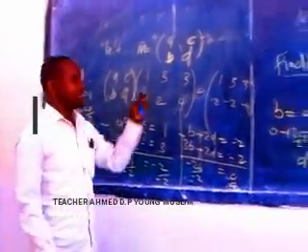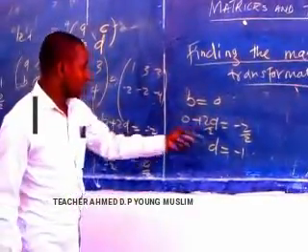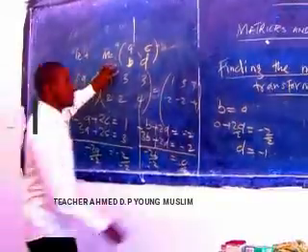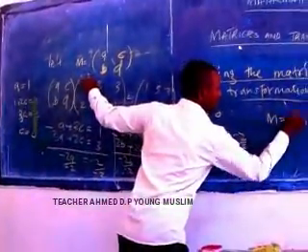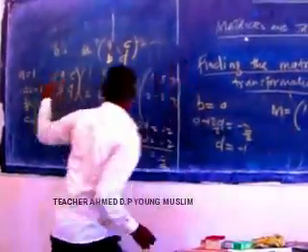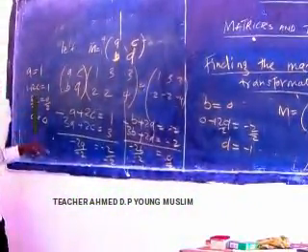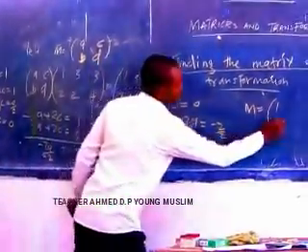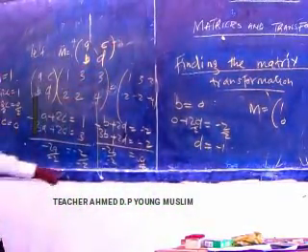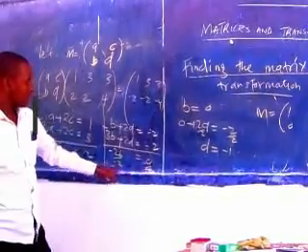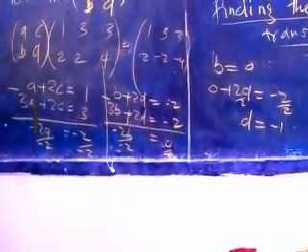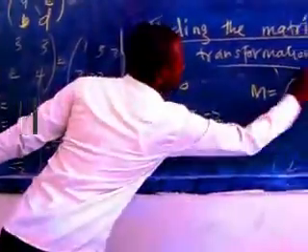I'll just substitute. This was my matrix M: A is 1, B is 0, C is 0, and D is negative 1.